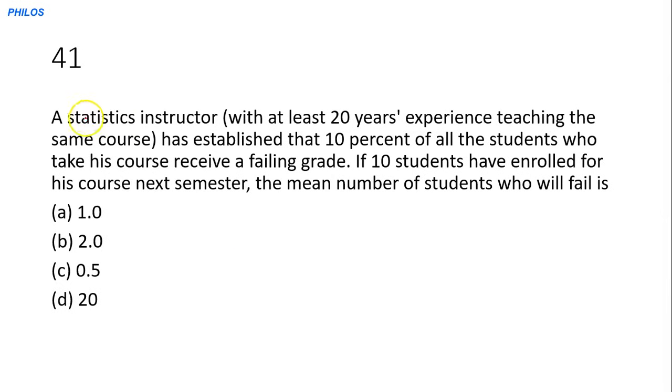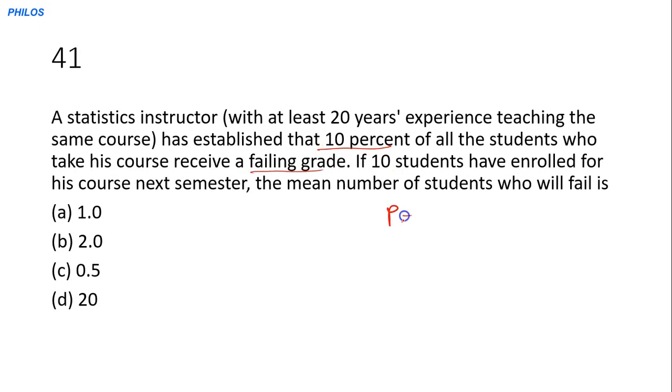Question 41 says, a statistics instructor with at least 20 years experience teaching the same course has established that 10% of all the students who take his course receive a failing grade. If 10 students have enrolled for his course next semester, the mean number of students who will fail is... Now, according to him, 10% usually fail.